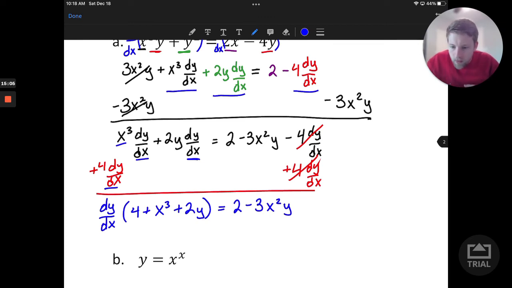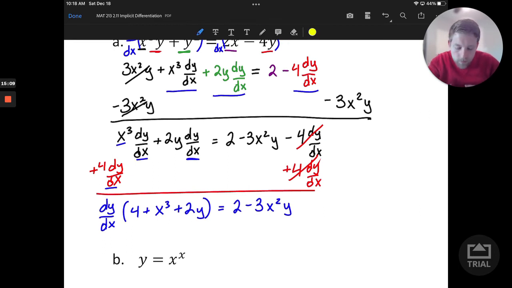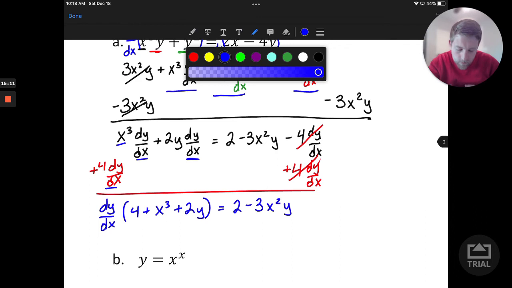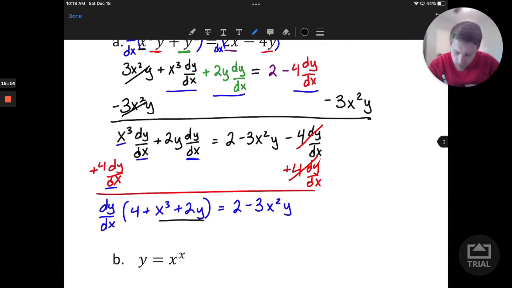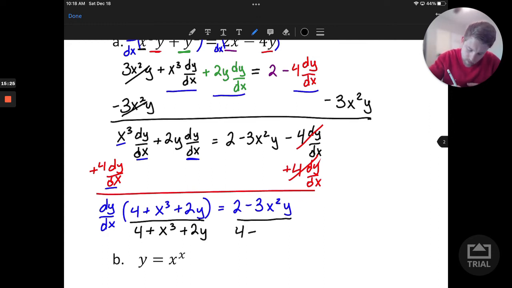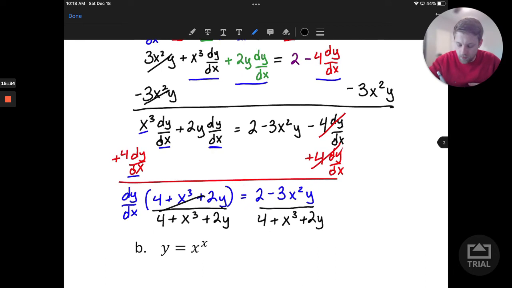Now that we have those left terms grouped together, we can just divide both sides by the function on the left to get our dy dx on the other side. So we have divide by 4 plus x cubed plus 2y, and then that will actually give us that dy dx term.